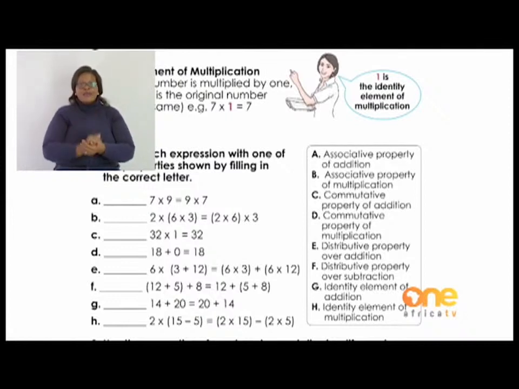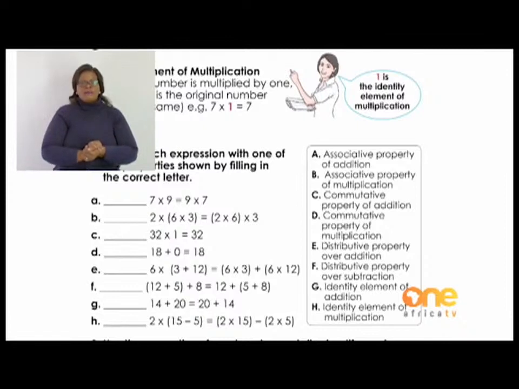Dear learners, product in mathematical language is an answer to multiplication. I will repeat again. If I ask you to find the product, you need to multiply, meaning product is an answer to multiplication.